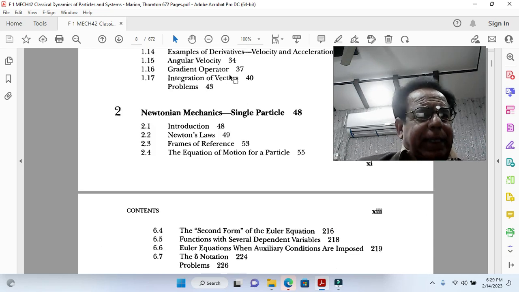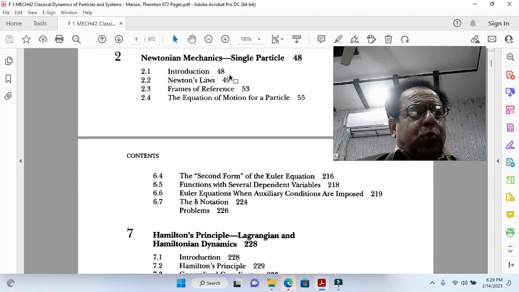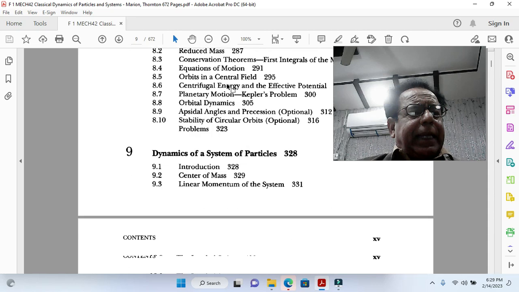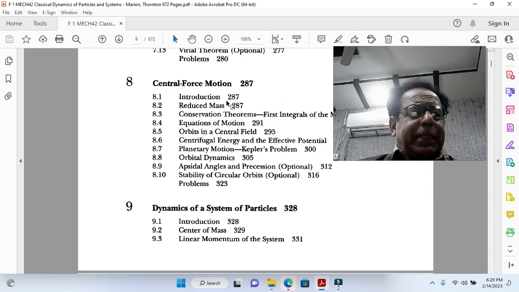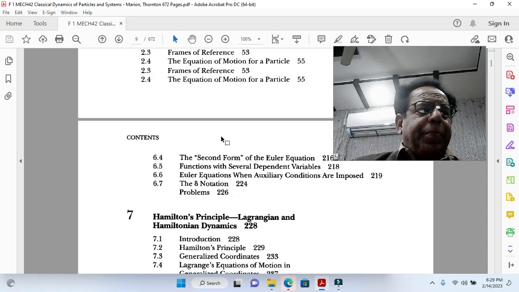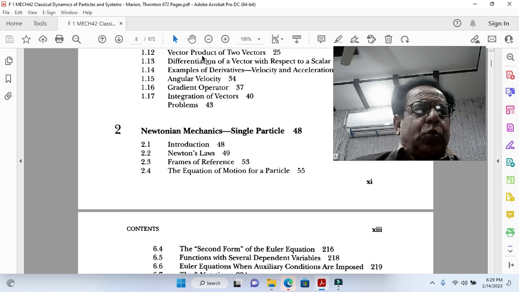Dear students, here is some mistake. After chapter 2, chapter 7 is appearing, then 8, 9. It means it consists of two. One page is not being shown properly.